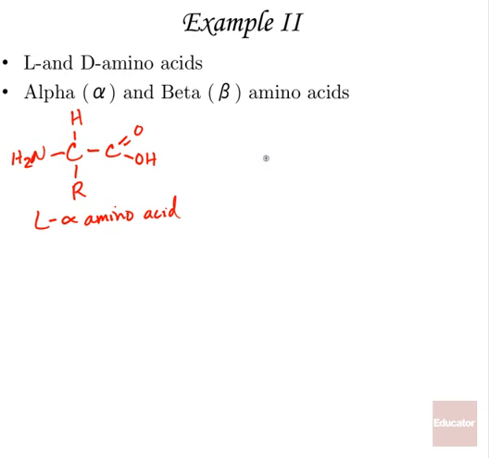And let's draw a D. There are plenty of other ways to see this, but very simply written out in planar form, if the NH2 is on the left, it's an L amino acid. If it's on the right, it's a D amino acid.